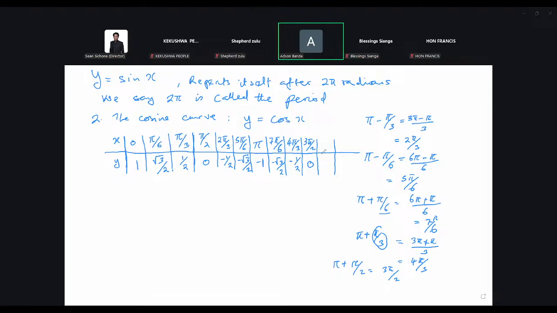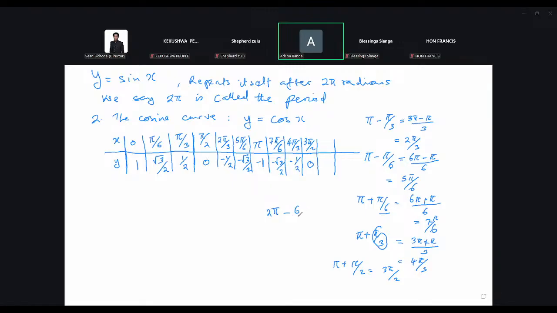So in the same way, now in the fourth quadrant, what you do is that you are going to subtract standard angles from 2 pi. So in this case, we'll start with, let me write it here. So you have 2 pi minus the standard angle that is the bigger, which we are working with here.